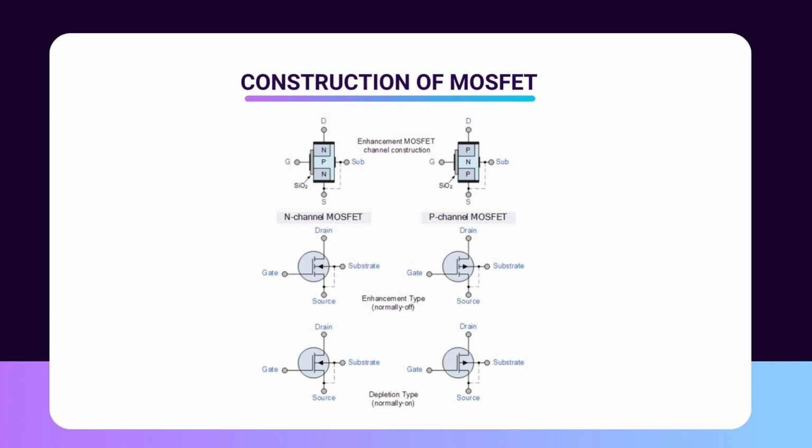In the gate region, there is the layer of metal and then oxide, and below it is the semiconductor. There is no connection of the metal with this semiconductor as an oxide layer is present between them, and as there is no connection from this input terminal to the semiconductor, the input impedance turns out to be very high.